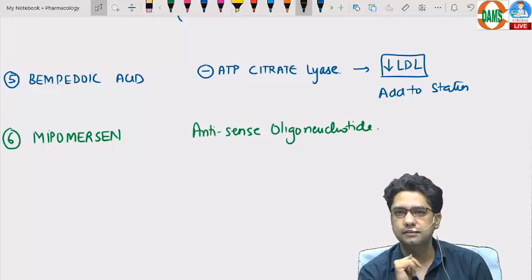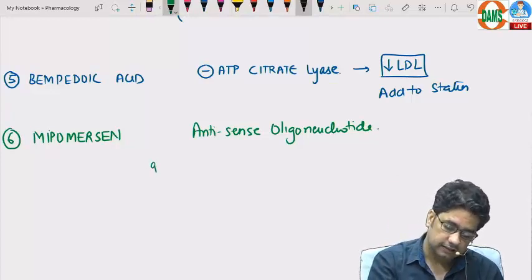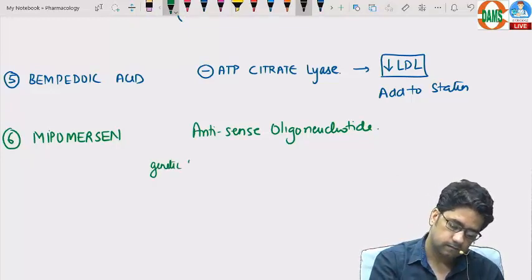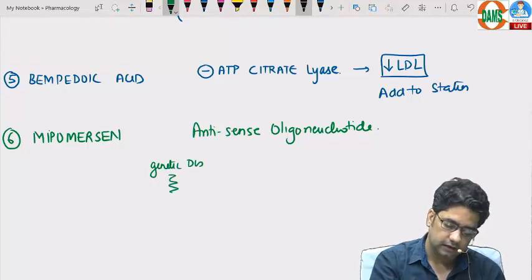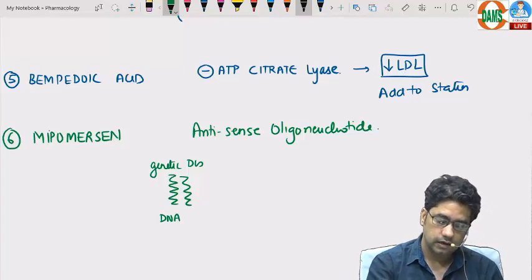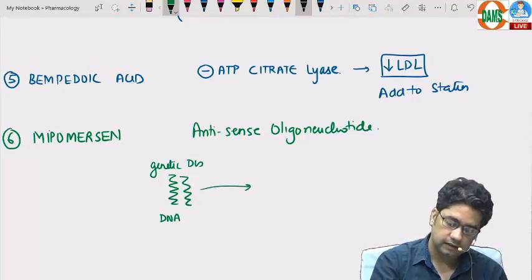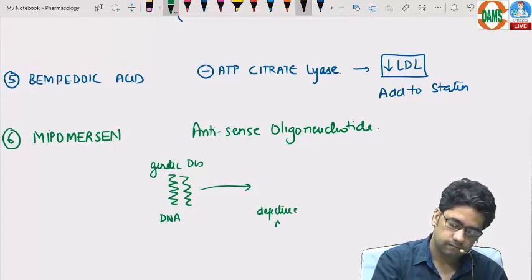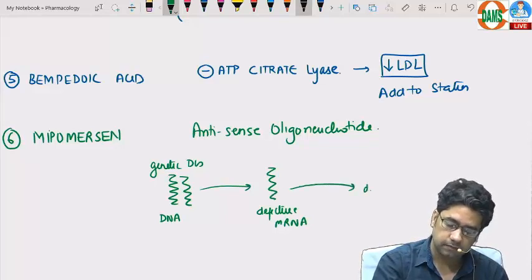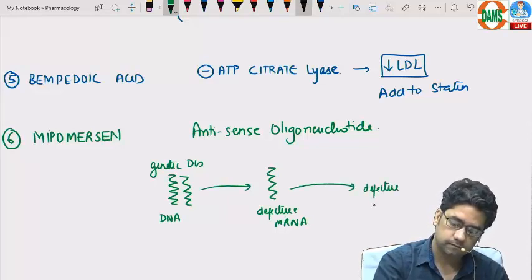What happens in that disease? That is a genetic disease in which there is some DNA mutation. Because of this reason, there is defective mRNA. And that defective mRNA is forming defective protein.